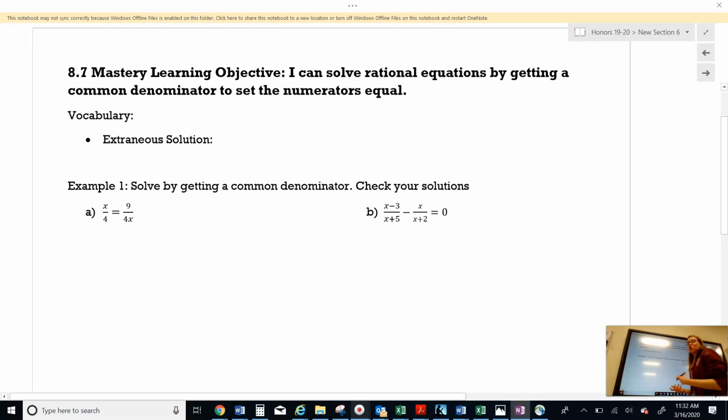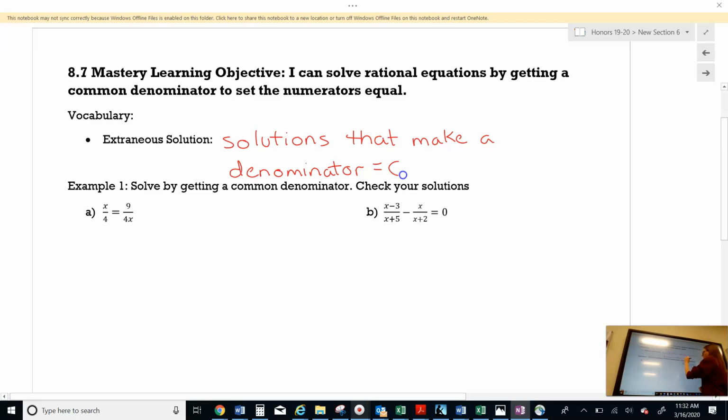In the case of rational expressions, they are solutions that make a denominator equal 0.